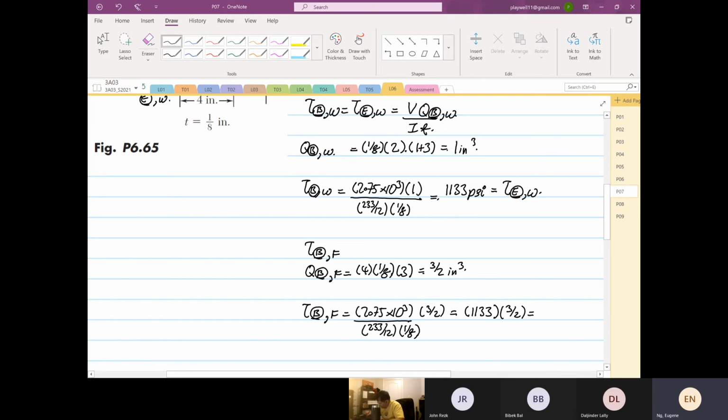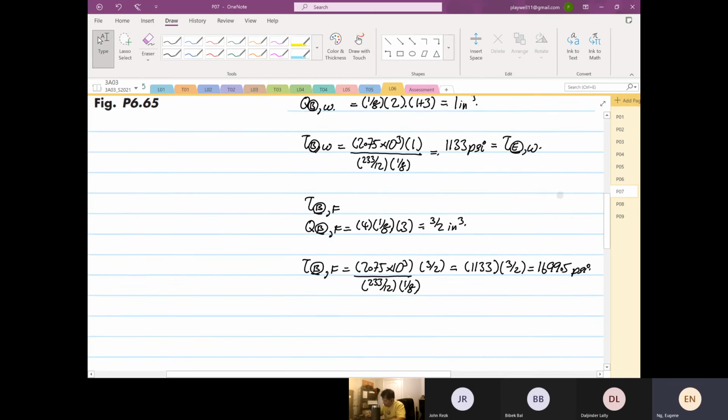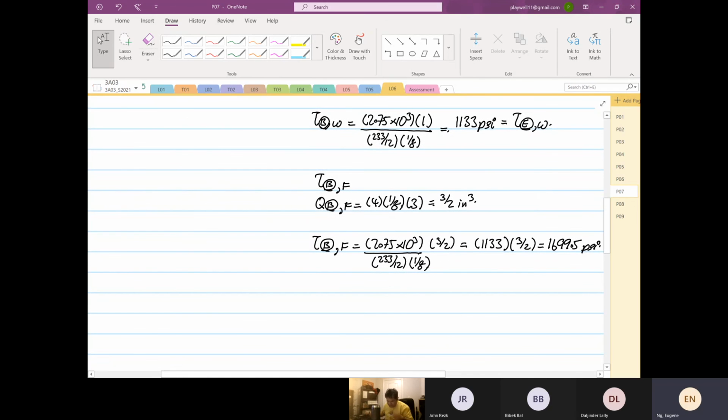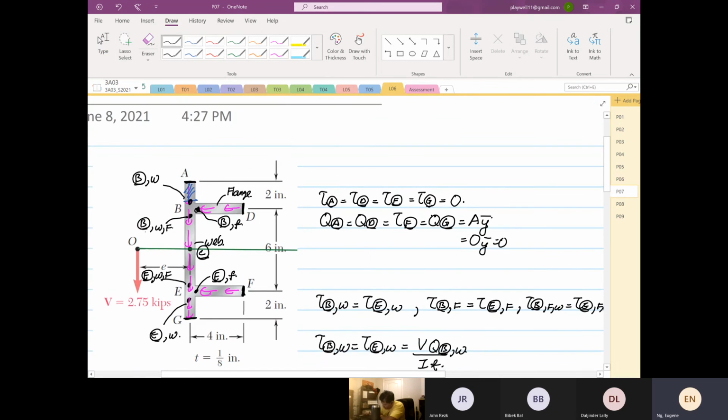Or yeah, 1699.5 psi. Okay, and then we are going to find at point B, after it clears the web and the flange, right? So we want to find at this dot now.